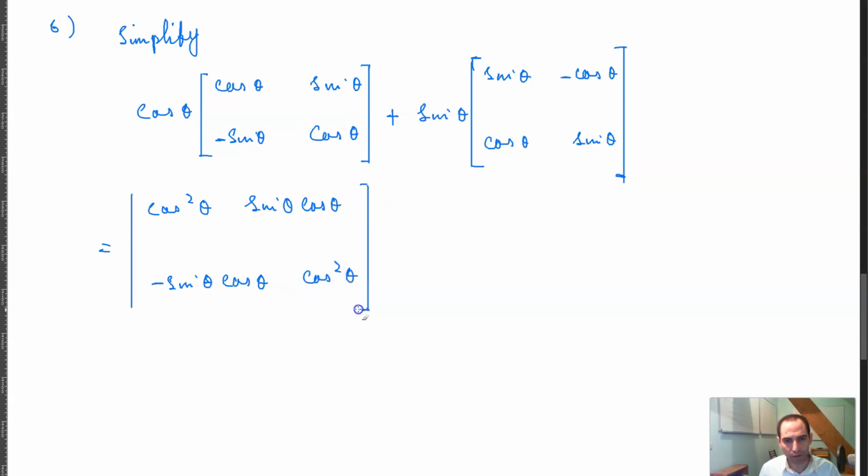And then you have plus sin squared theta, negative sin theta cos theta, sin theta cos theta, and sin squared theta.